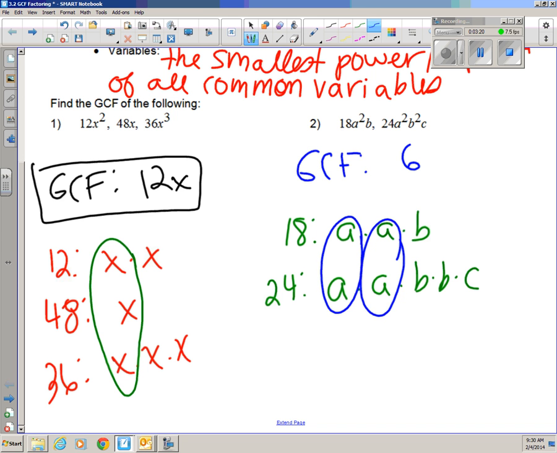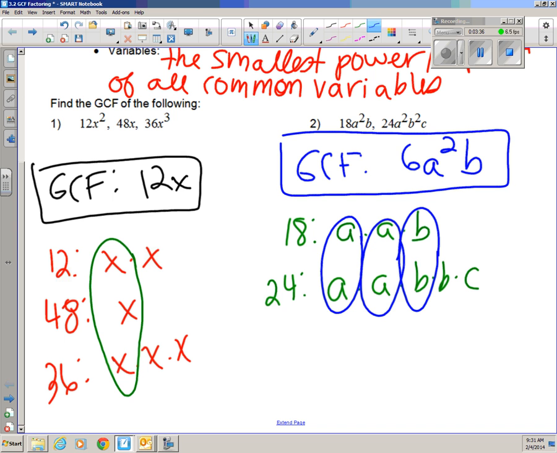I have a second set of a common to both, and I've got a set of b. So essentially, I'm looking for just those common variables, a and b. The smallest power of a is a squared, and the smallest power of b is just b. In other words, there are two sets of a's, a squared, one set of b. So the GCF for that number 2 would be 6a squared b.